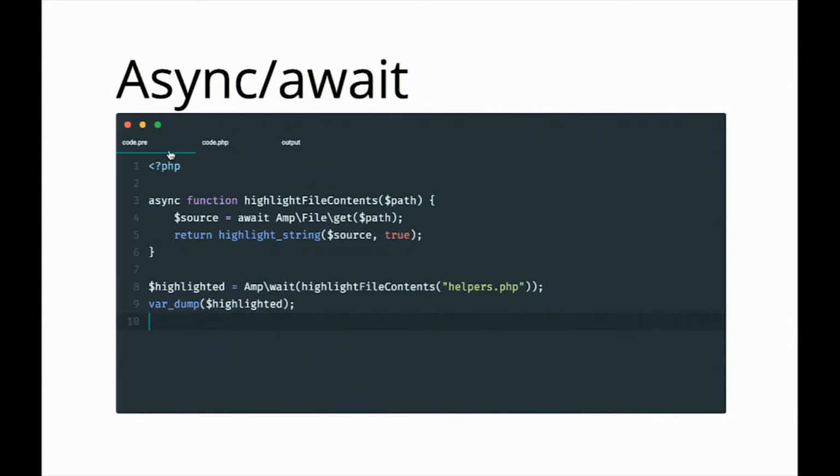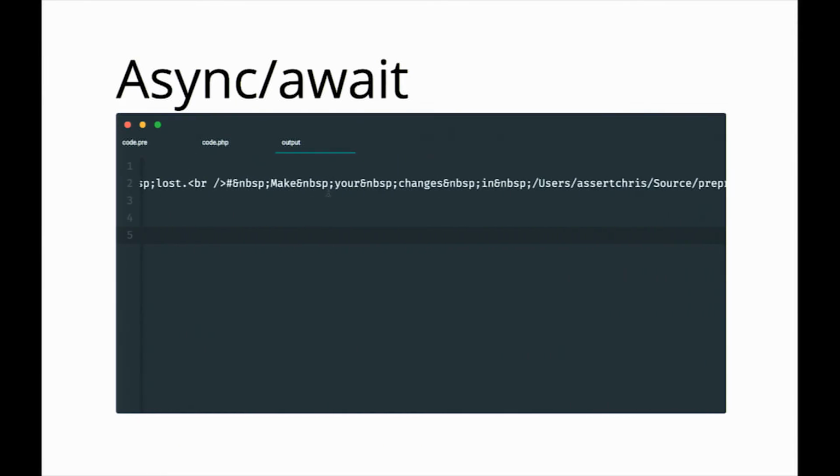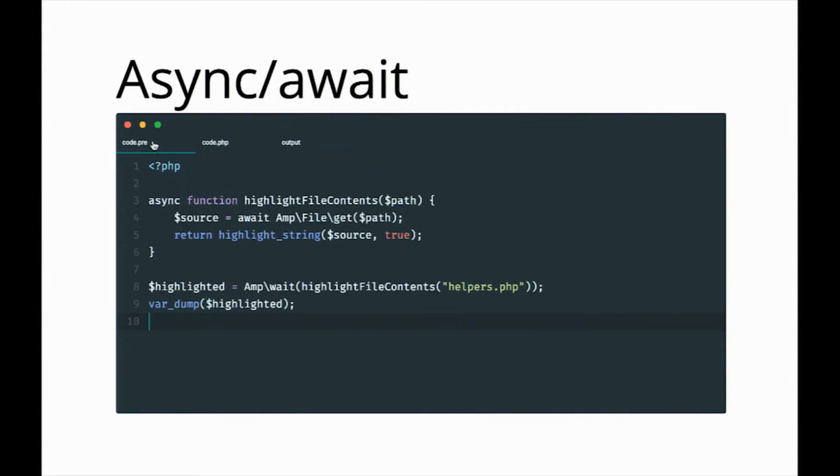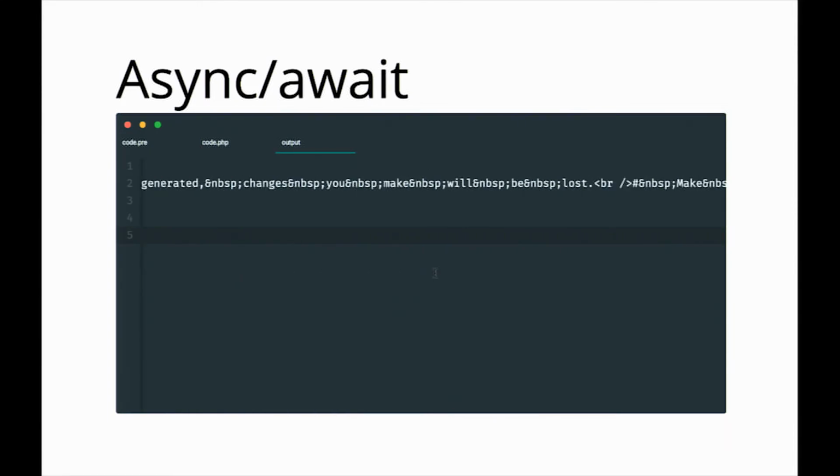But for the moment, I'm going to have to stick with preprocessors and just write cool-looking code like this. This executes, by the way. This actually works. We have Amp\wait here to be able to run what is essentially a promise within a synchronous context. But it actually works, which I'm quite happy about.